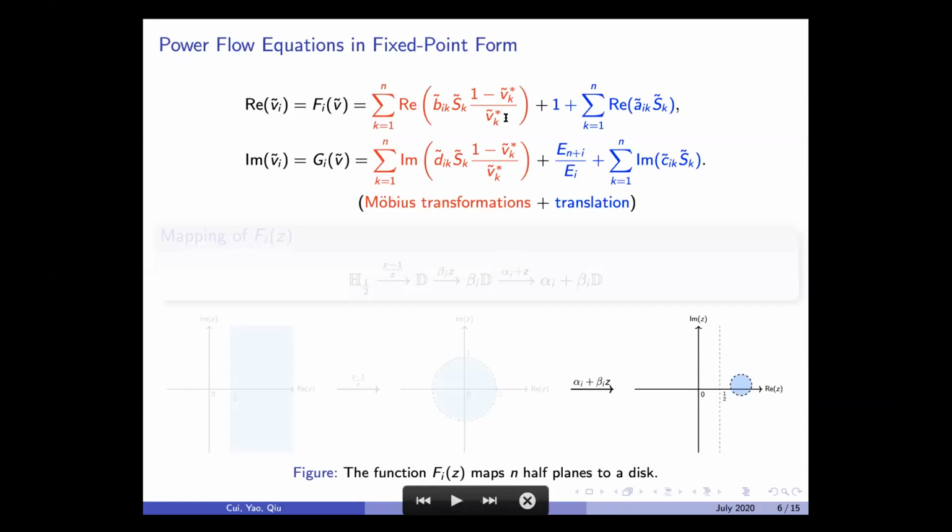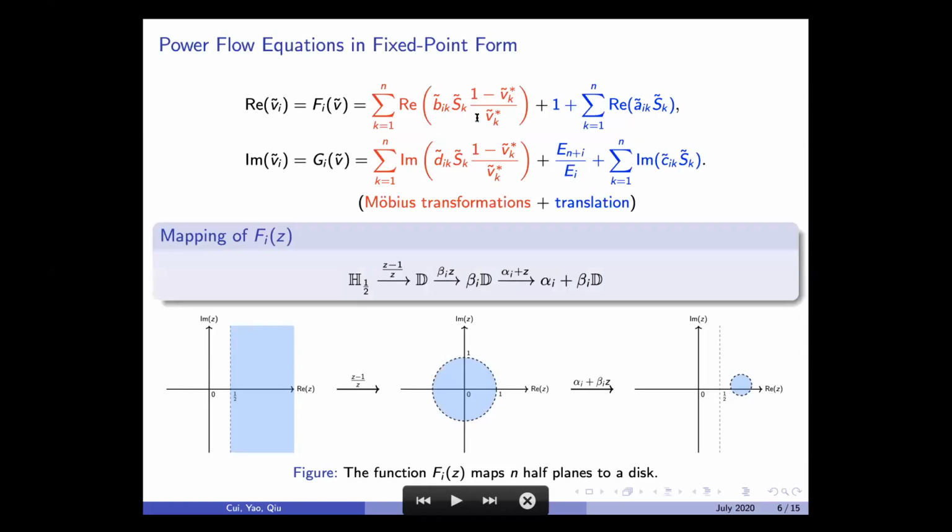So if we take a closer look at the fixed point form of the power flow equations, we see that it is a sum of two terms, where the first term is a Mobius transformation of the voltages, and the second term is just a translation. It's just a function of system parameters, for instance, the line impedance topology and the nodal power injections.